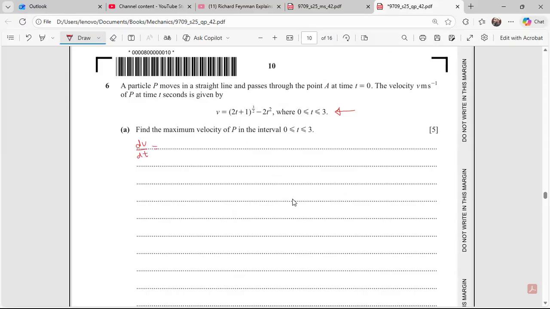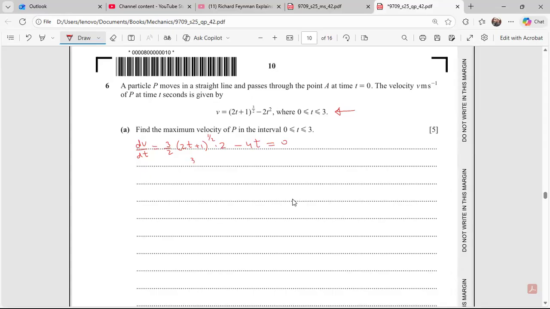So I will differentiate this expression, and that is going to be 3 by 2 times (2t plus 1) to the power of 3 by 2 minus 1, which is 1 by 2, into the derivative of 2t, which is 2, minus the derivative of this, which is 4t. So we need to put the derivative equal to 0. This 2 cancels with 2.